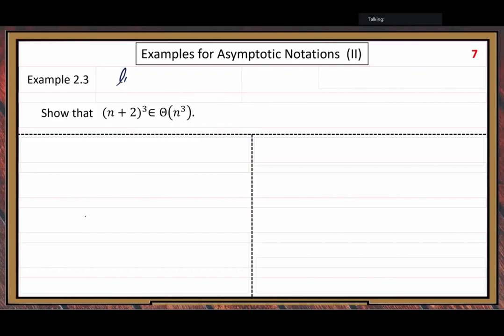Find the limit of (n plus 2) cubed over n cubed.